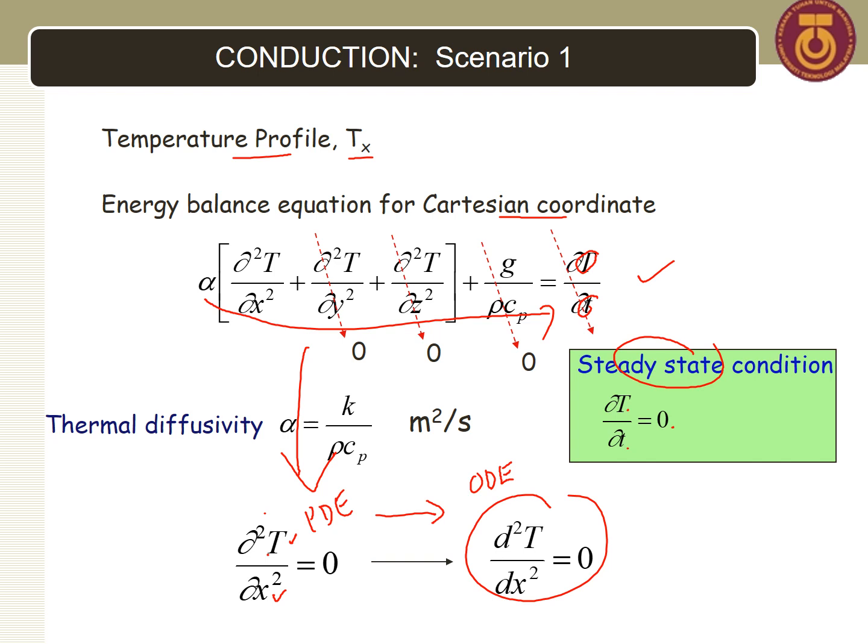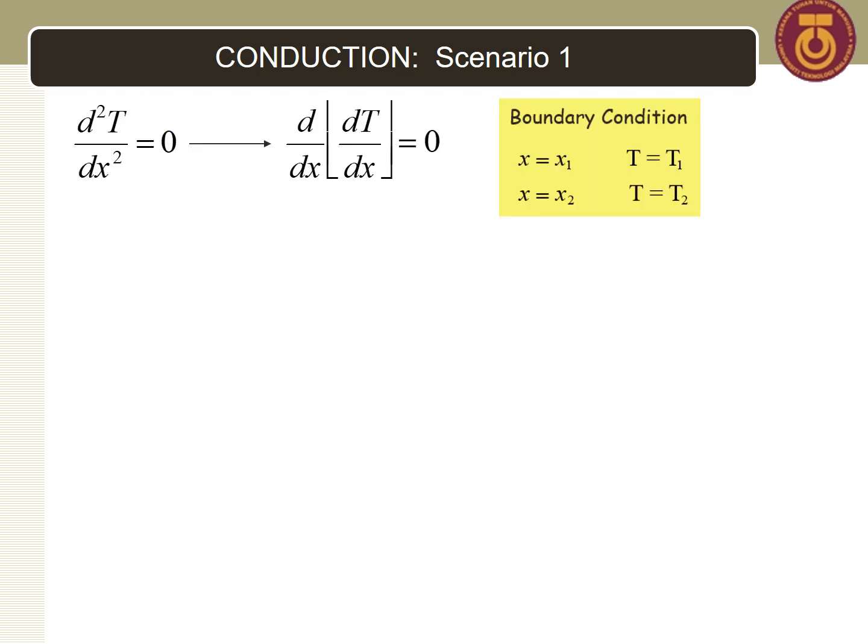We can start our derivation from this equation. Now let's start the derivation. We know d2T over dx2 equals 0 can also be written in this form. In order to solve this, we need to integrate it two times, a double integration. So let's get started.